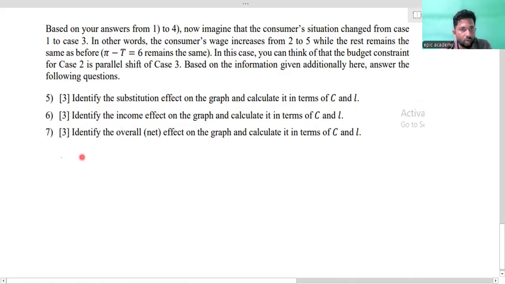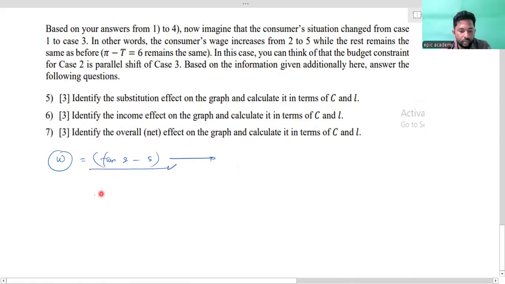So then, the additional information already given is related to W. W changes from 2 to 5, isn't it? This happens between case number 1 and case number 2, that is, the substitution effect.